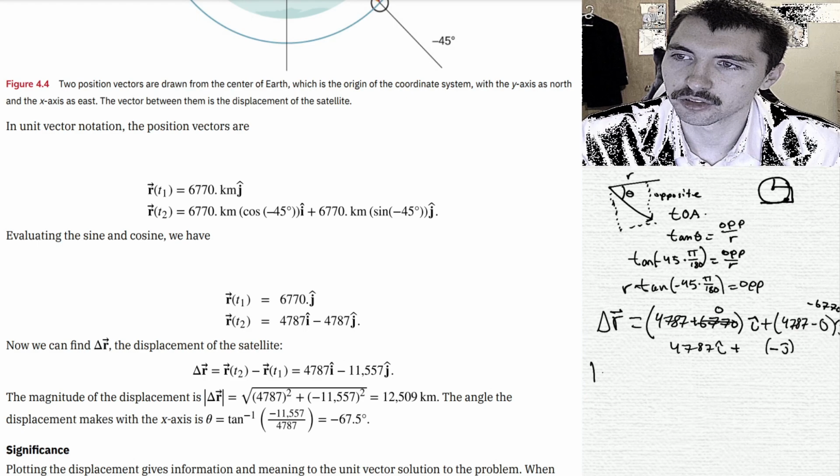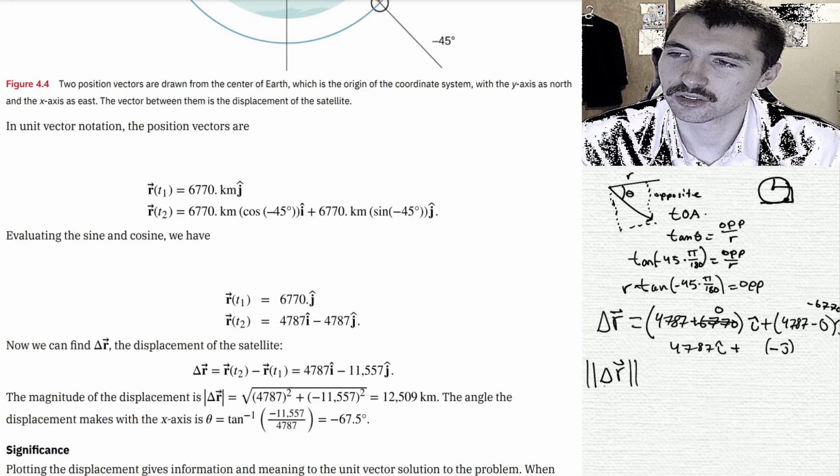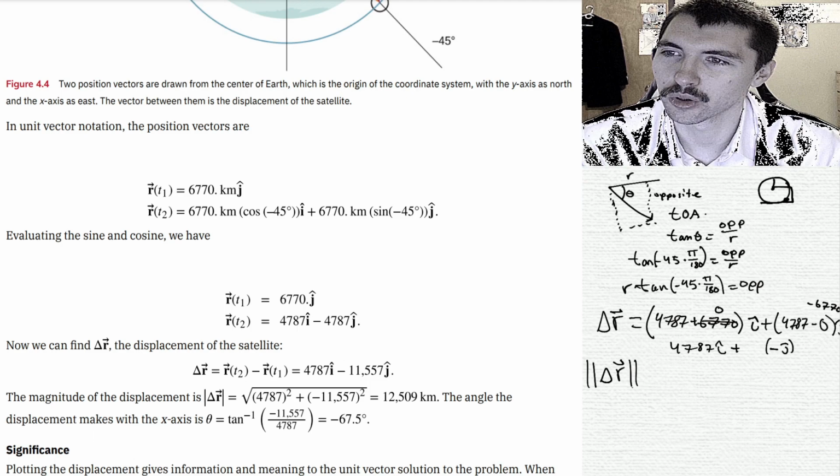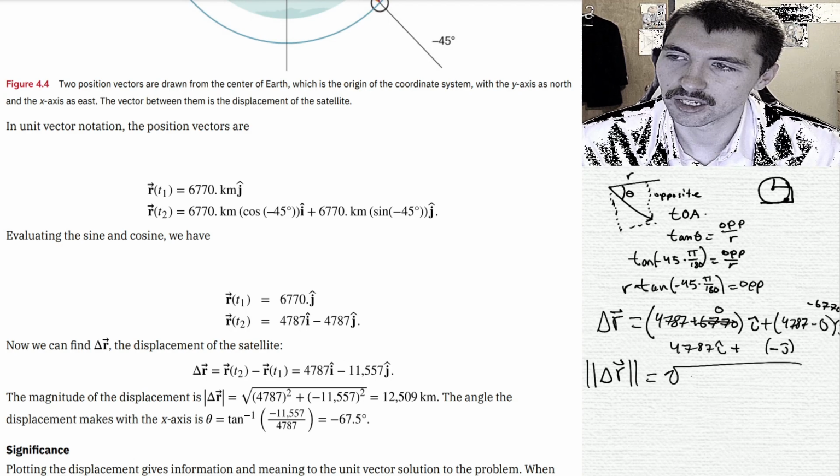So then magnitude of the displacement. I know some textbooks write it as the norm. So that's going to be the square root of that.